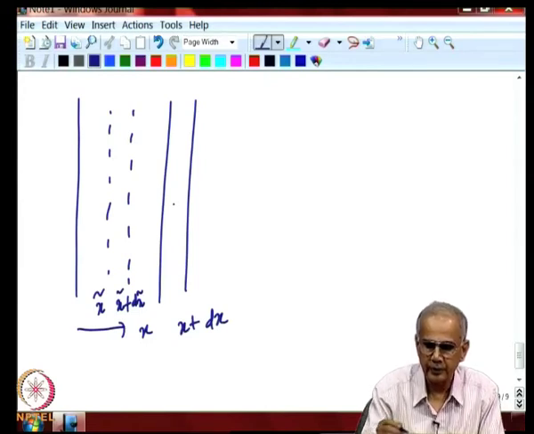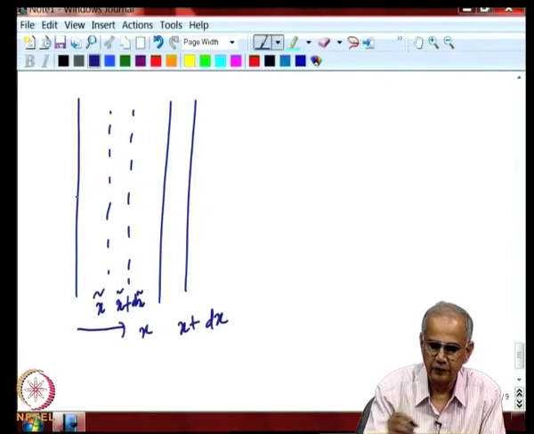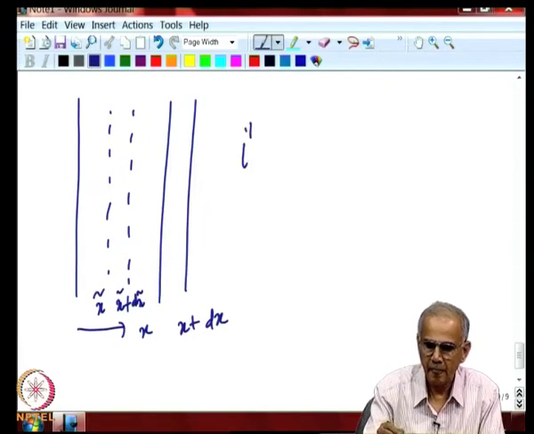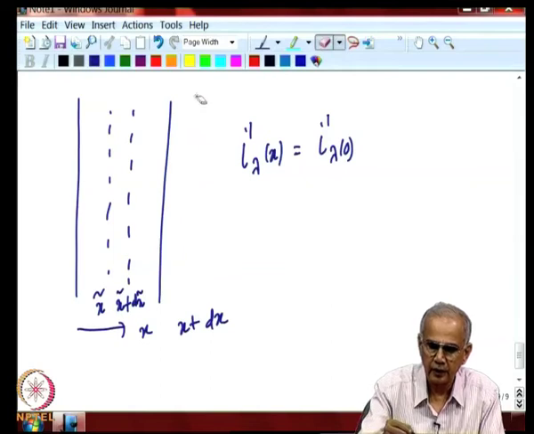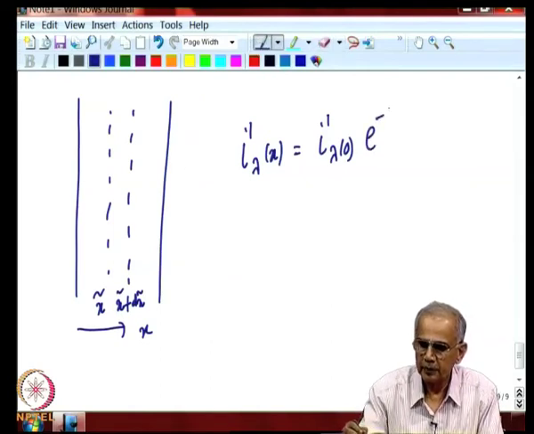So, the radiation coming here is radiation coming from this surface, e to the power minus a lambda into x.